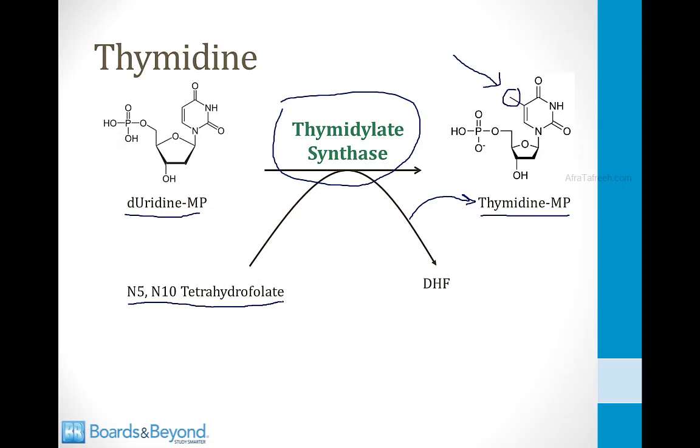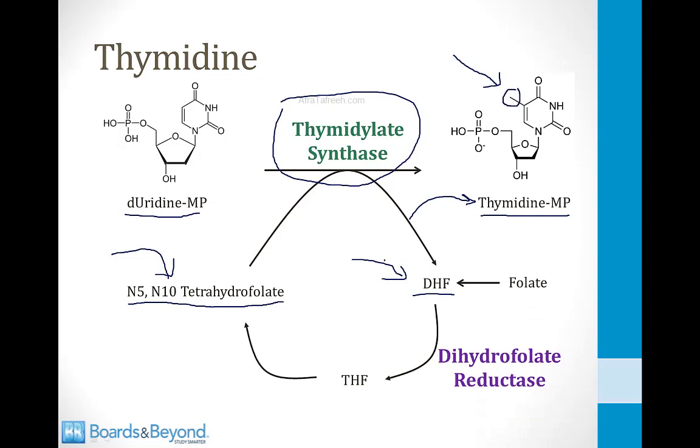This is a molecule that is derived from the vitamin folate. In donating that one carbon to uridine, N5-N10 tetrahydrofolate becomes dihydrofolate, and so you need to keep regenerating N5-N10 tetrahydrofolate from dihydrofolate if you want to continue to synthesize thymidine inside of cells. Dihydrofolate can be converted back into N5-N10 tetrahydrofolate via the enzyme dihydrofolate reductase.